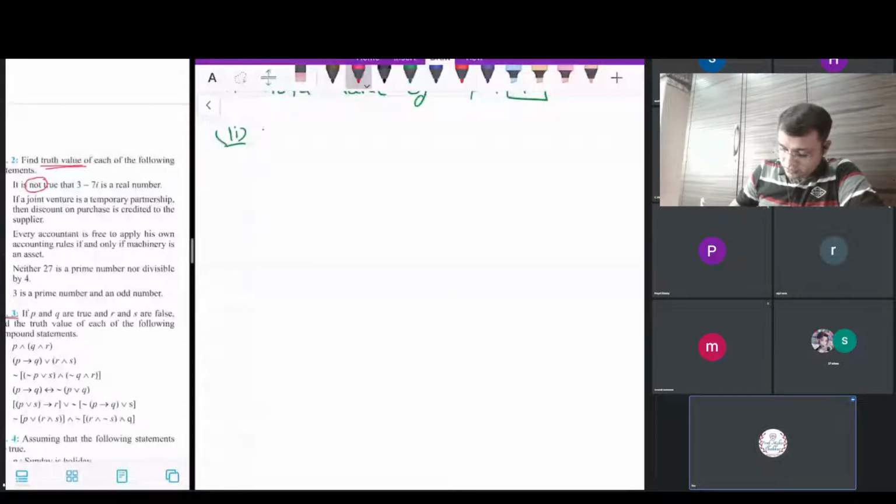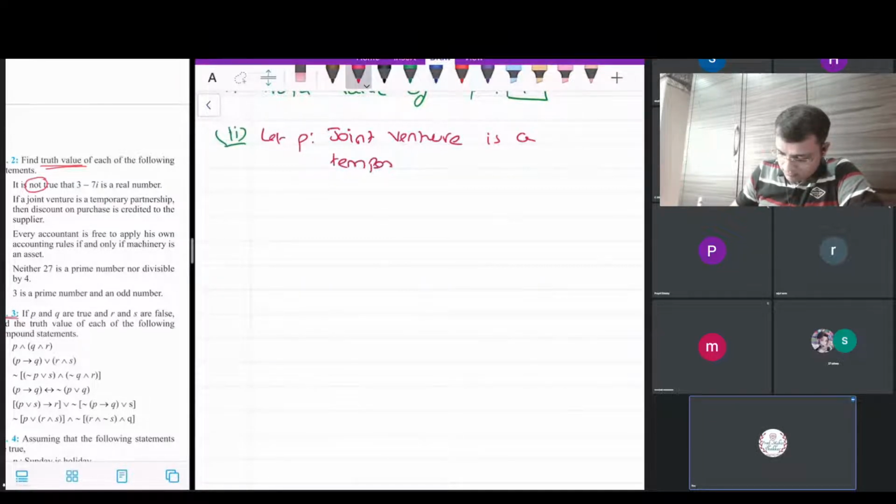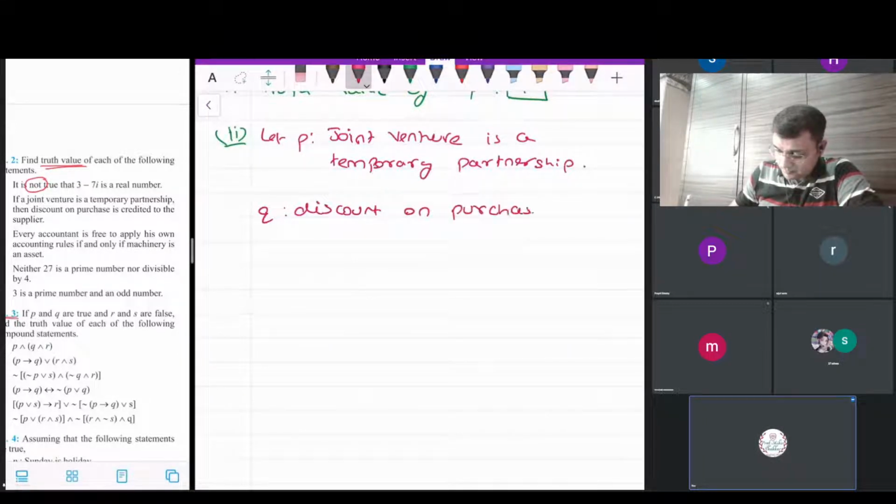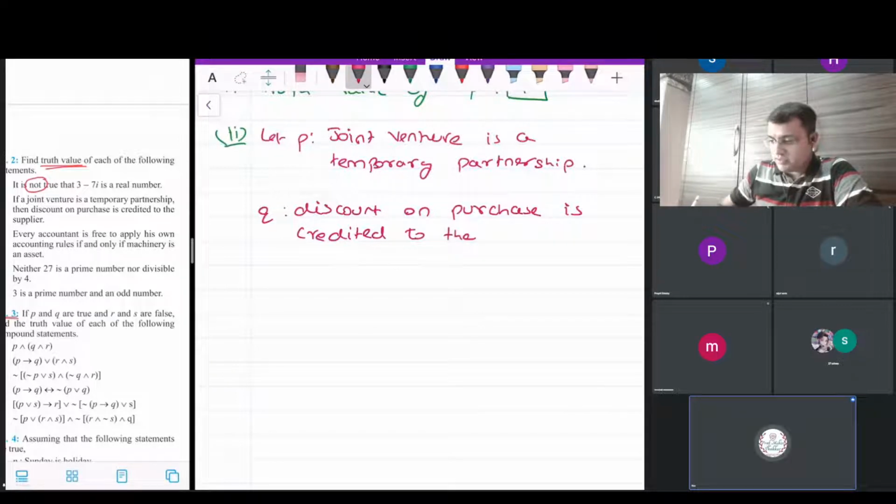P denotes joint venture is a temporary partnership. Q over there denotes discount on purchase is credited to the supplier.